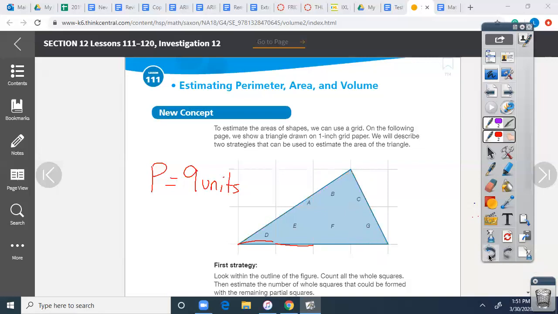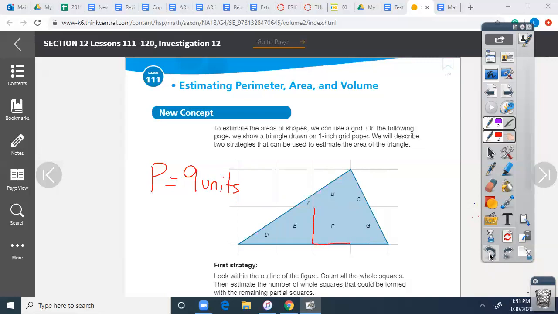Okay? Now let's talk area. 1 square unit is one of these boxes filled in. That filled all the way in is 1 square unit. So when you are trying to find the area of this, you're going to have to figure out how many squares are completely filled in.